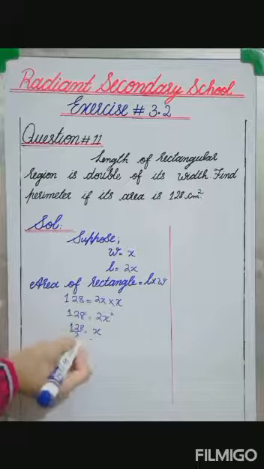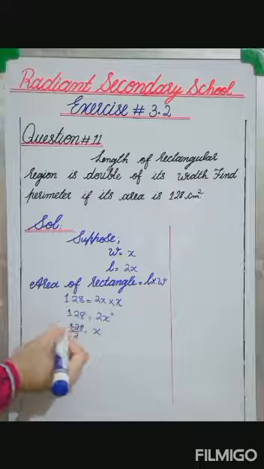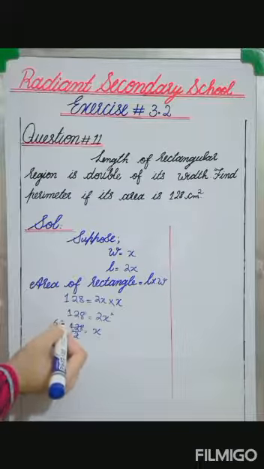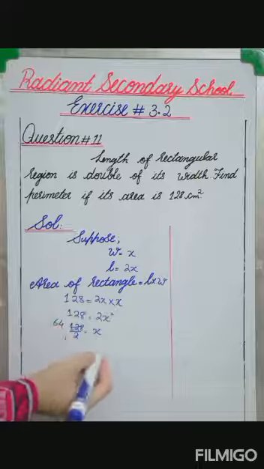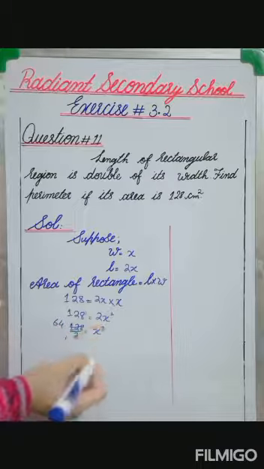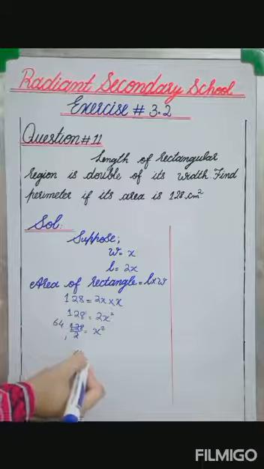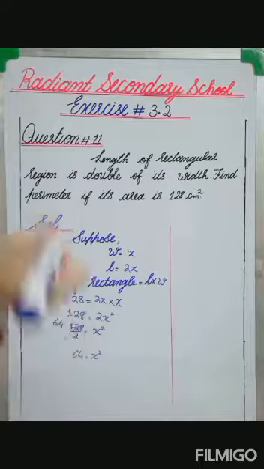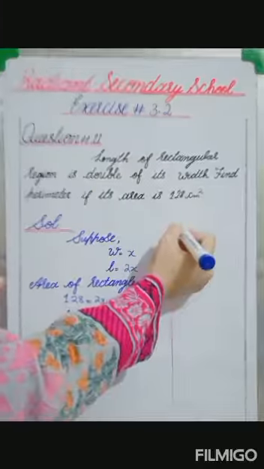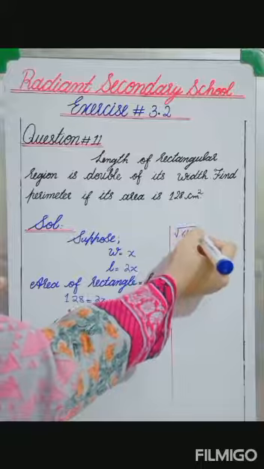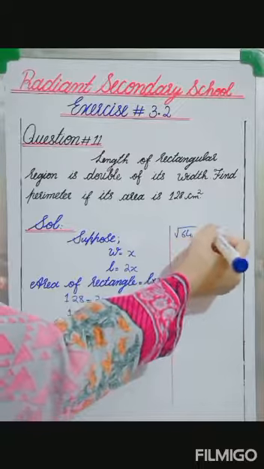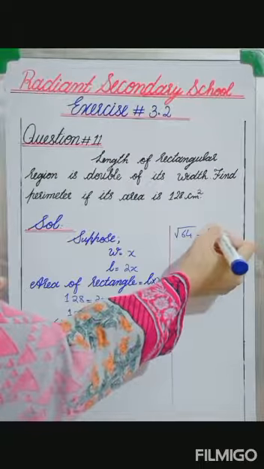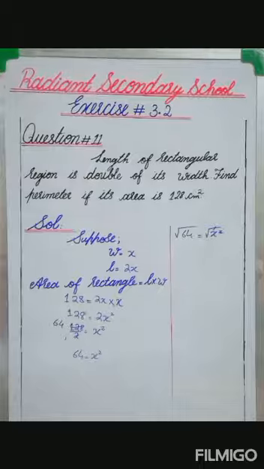Now cutting is possible, yes. 2 1s are 2, 2 6s are 12, 2 4s are 8. 64 is equal to x square. Now taking square root on both sides, square root of 64 is equal to square root of x square. This square and this square root sign will be cancelled.